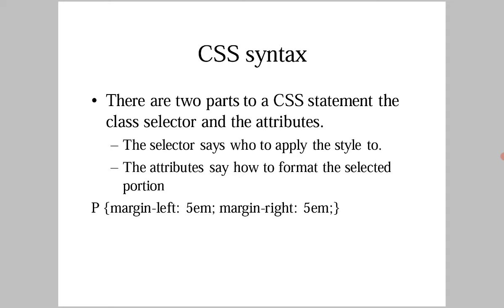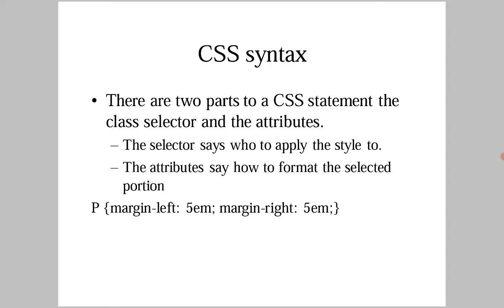What is the CSS syntax? There are two parts to a CSS statement: the class selector, or selector, and the attributes. The selector says who to apply the style to. The attribute says how to format the selected portion. Example: P, brackets, margin-left 5 em, semicolon, margin-right 5 em.